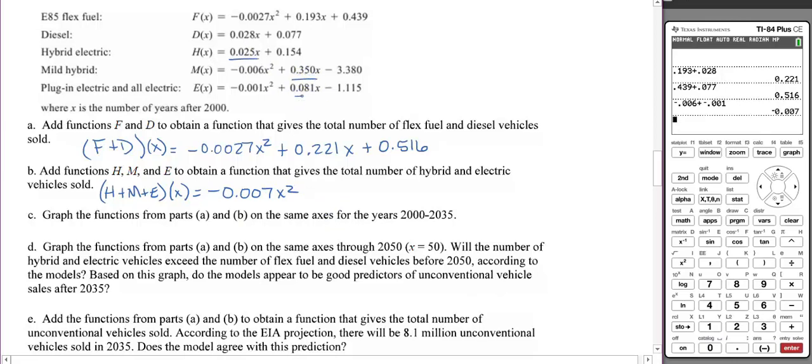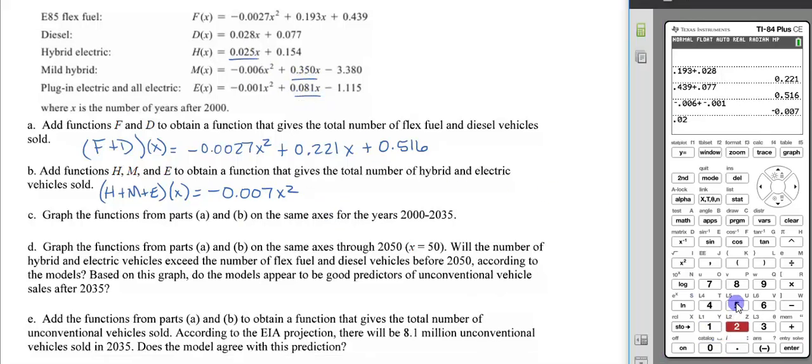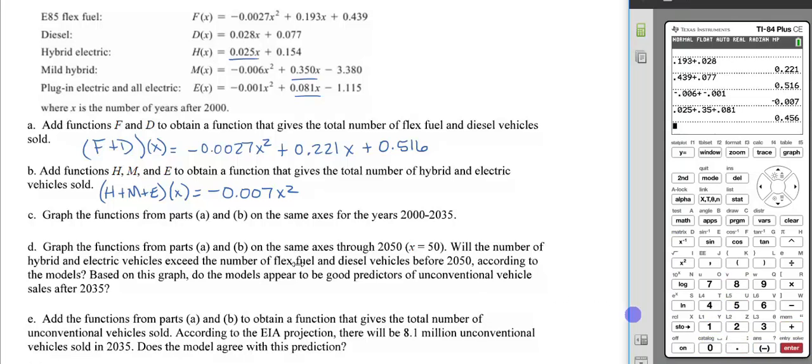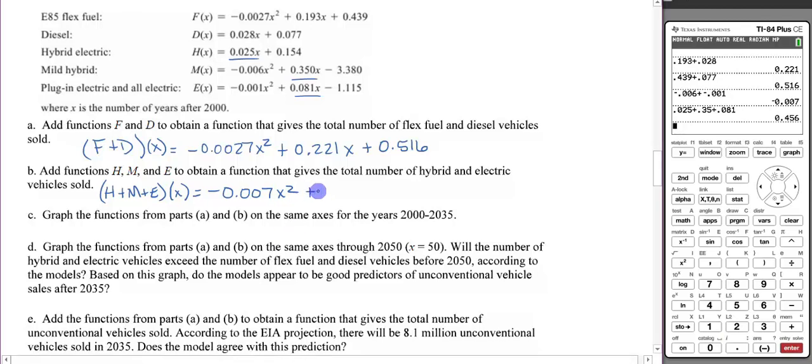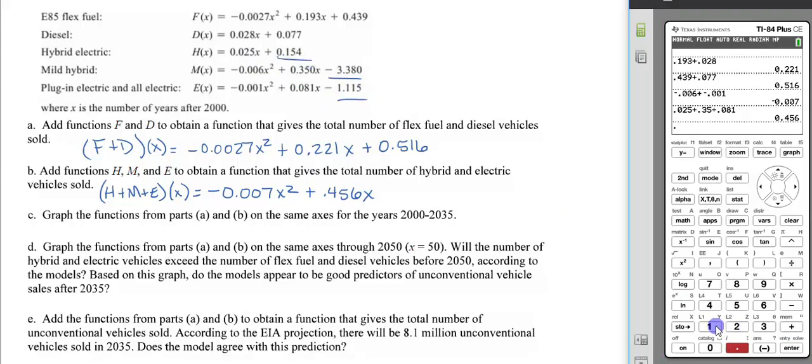Adding my x coefficients, 0.025 plus 0.35 plus 0.081, I have plus 0.456x, and adding my constant terms, I have 0.154 minus 3.380 minus 1.115.